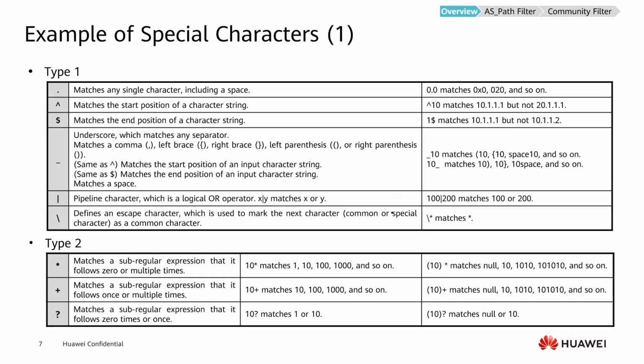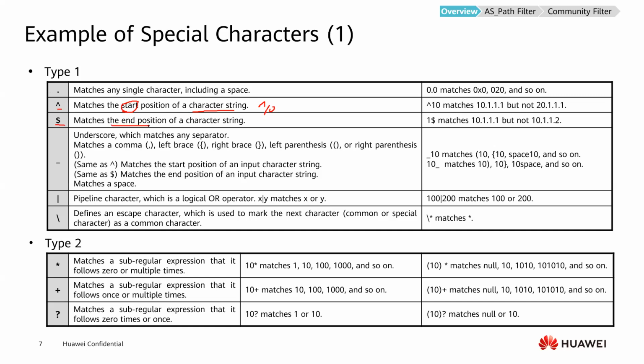There are 3 tables for the special characters. In the first table, the dot matches any single character, and the caret matches the start position of the string. If the expression is caret 10, that means your string must start with 10.